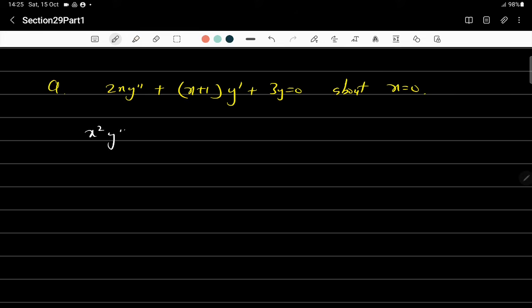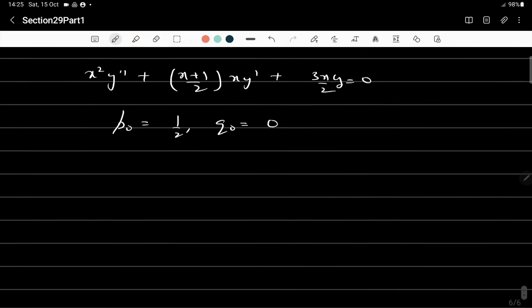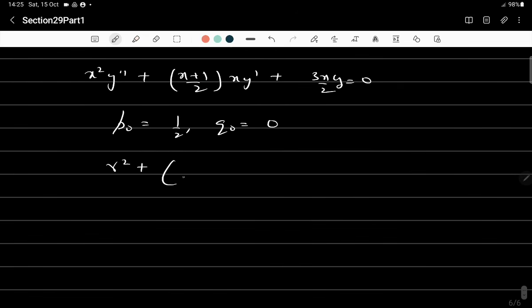So it becomes x square y double dash plus x times (x plus 1 by 2) y dash plus 3x by 2 y is equal to 0. So p naught is 1 by 2 and q naught is 0. Since q naught is 0, it becomes r square plus p naught minus 1 r is equal to 0. That gives you r is 0 and 0.5.